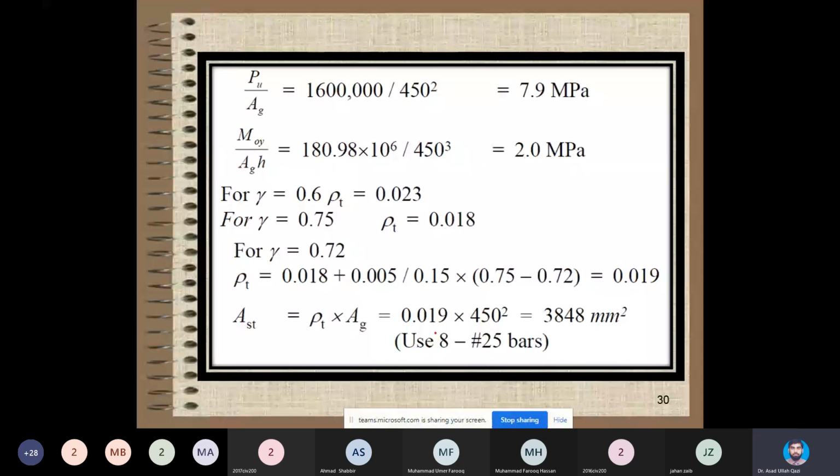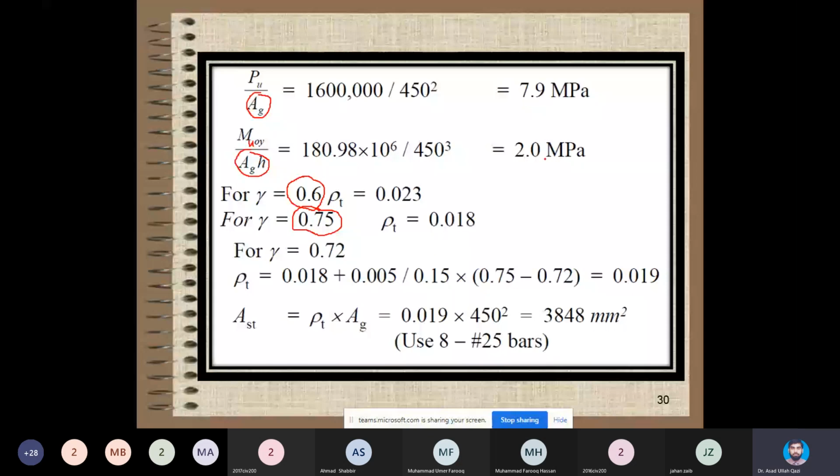Since we have two pictures, one of gamma 0.6 and the other of gamma 0.75, and for such pictures you remember that we need to divide the load by the gross area and the moment, which was Mu naught y, by the gross area times h, and we are getting 7.9 as ordinate and 2 megapascal as abscissa.